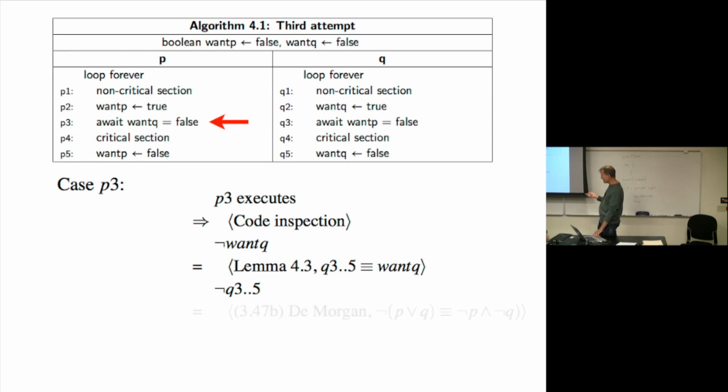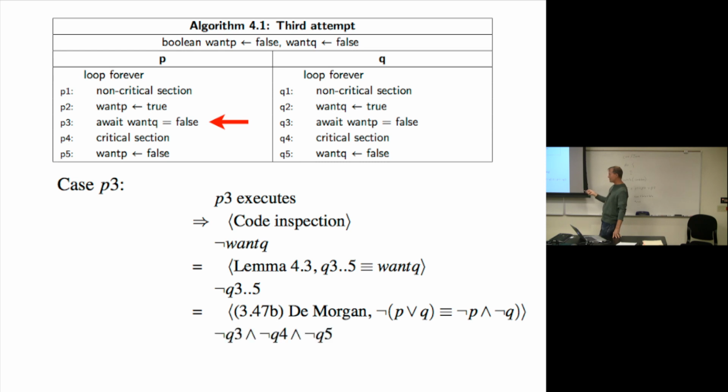Okay, but what is the definition of Q3.5? Q3 or Q4 or Q5. And what's the not of or by De Morgan? And so what would this be? Not Q3 and not Q4 and not Q5.